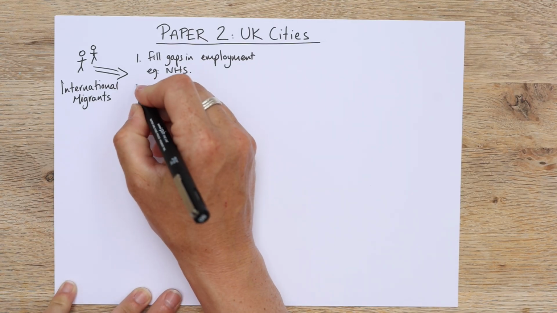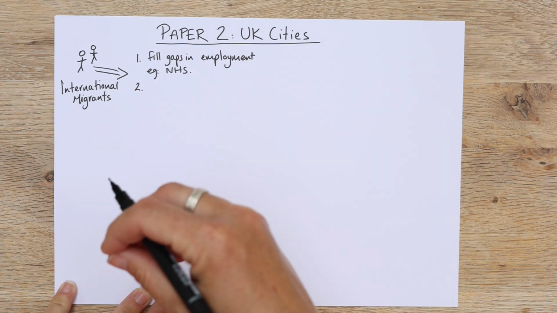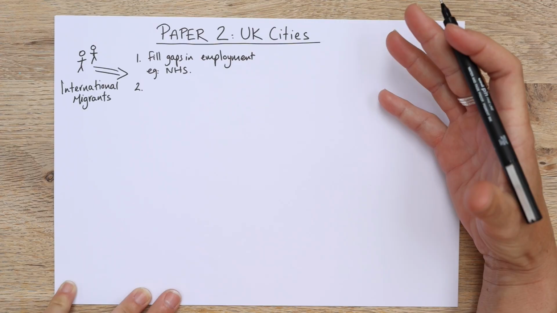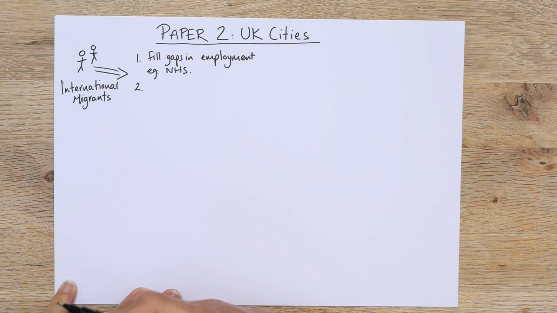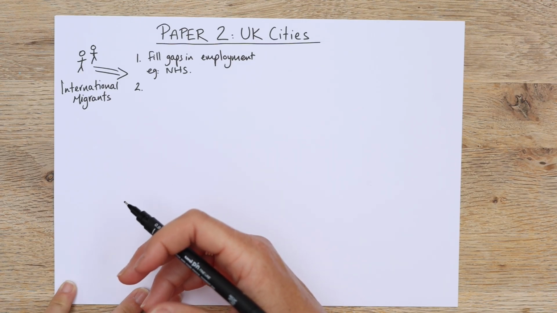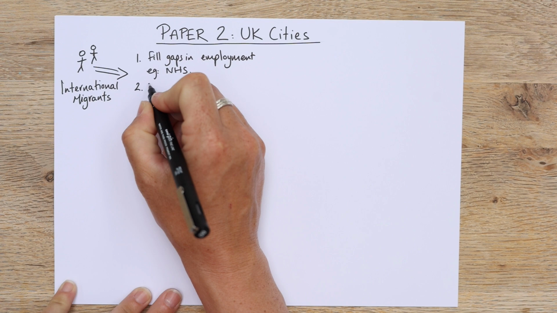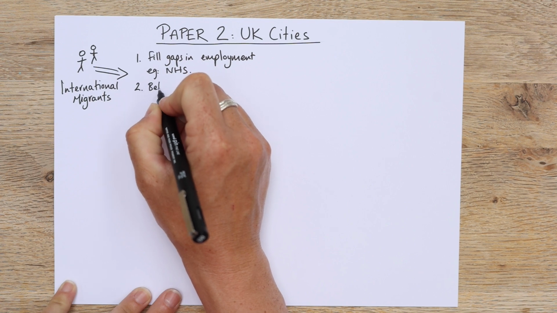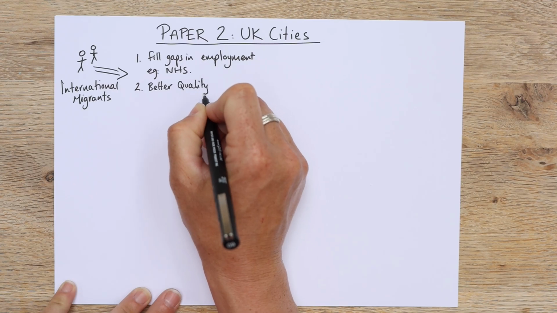Now that might bring about for them, because there's a reason that they were pushed out of their country. There's push factors, so it could be war, it could be lifestyle concerns, but it could basically bring better quality of life.